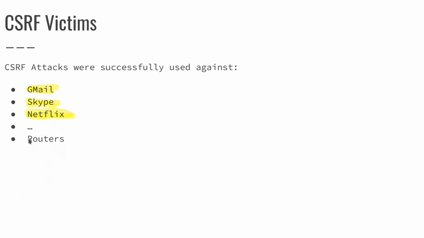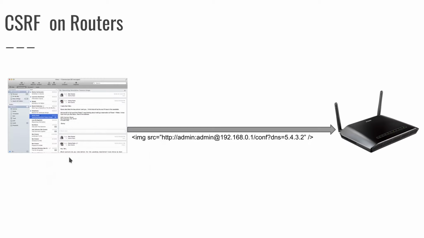What might also be interesting, it has been used in the past to reconfigure routers. How was that done? Well, fairly simple. You would send an email to a victim, and some mail programs, for example the Apple one, just download images. So if you send somebody an HTML email with images inside, the mail client just happily downloads the images.